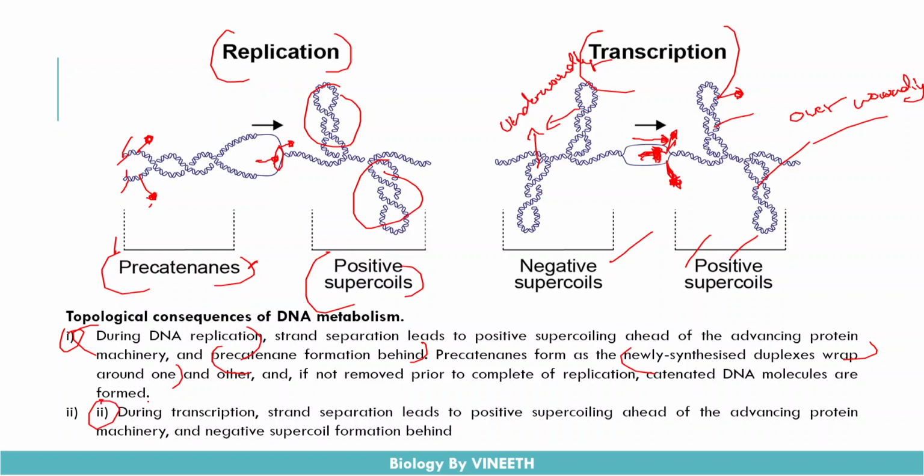In the case of the transcription process, we can see positive supercoiling happening in the forward direction of the helicase or the advancing protein machinery. In front of this advancing protein machinery we will see positive supercoils, and at the back we will see negative supercoils. The negative supercoilings are mainly due to the underwinding.